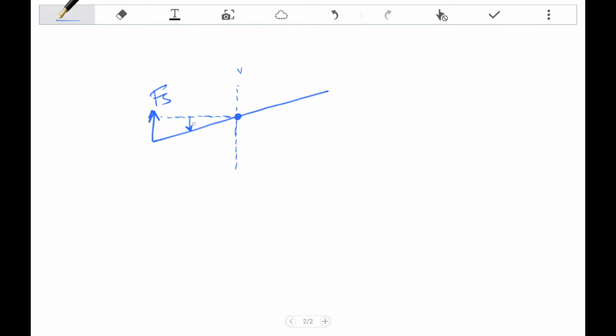And this is the direction of rotation. When taking sum of moments, we consider the direction of rotation to be the positive moment.